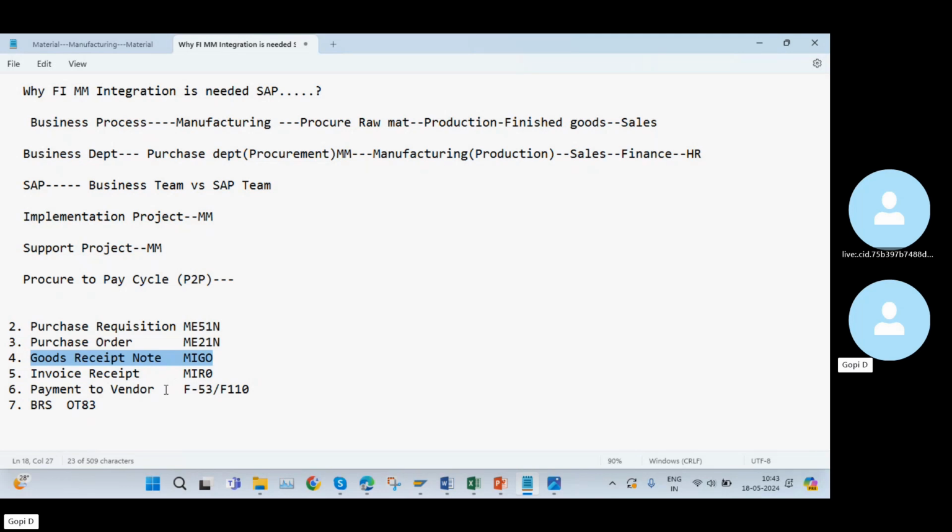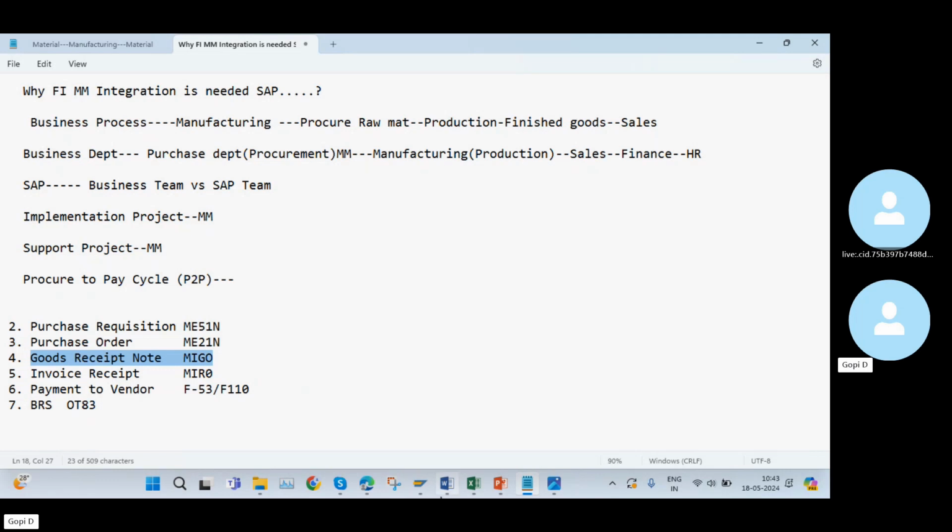I will show you in the next session how, once the MIGO happens on the material management side, we can see the journal entry in the finance team. And once the invoice receipt is done by the MM side, how the journal entry appears on the accounting side. I will also show you the complete configuration as well as the complete journal entries.